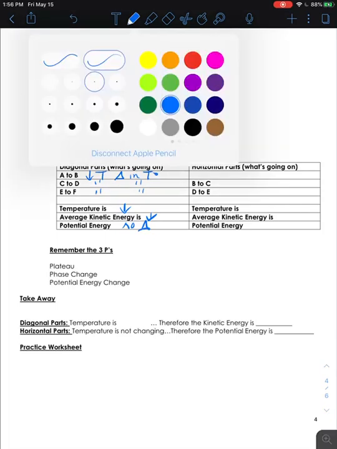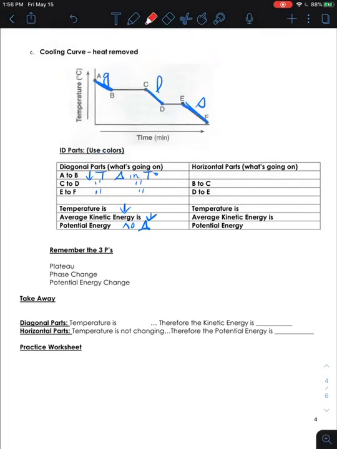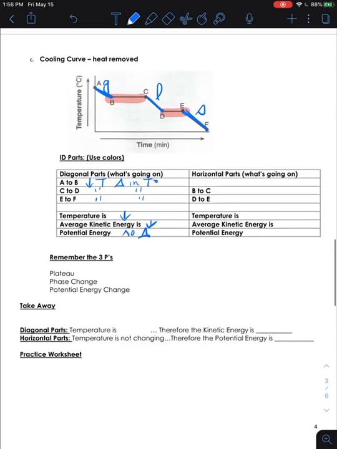Now taking a look at the horizontal parts, these plateaus, what's happening is we have from B to C, no change in temperature, but there is a change in potential energy. So no change, no change.